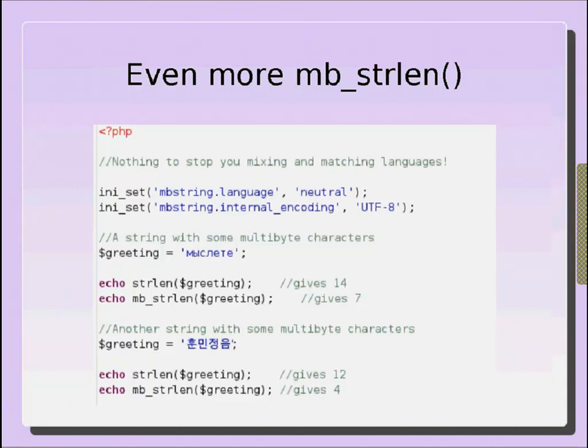Again, string length's result is incorrect. MB string length is correct. And then we have a Korean greeting a little bit further down. You can see, again, string length is counting bytes, not characters. So especially with UTF-8, but also with the neutral directive, there's nothing limiting you to one natural language. That's really the key point of this little snippet here.